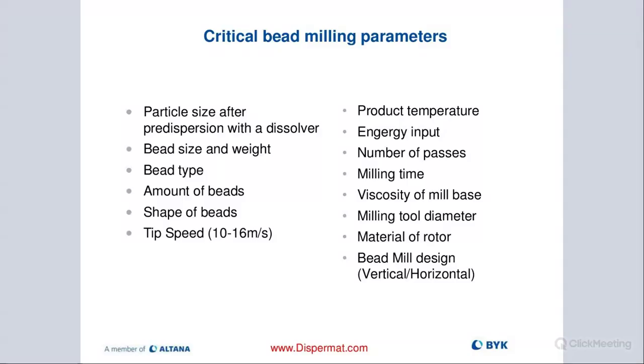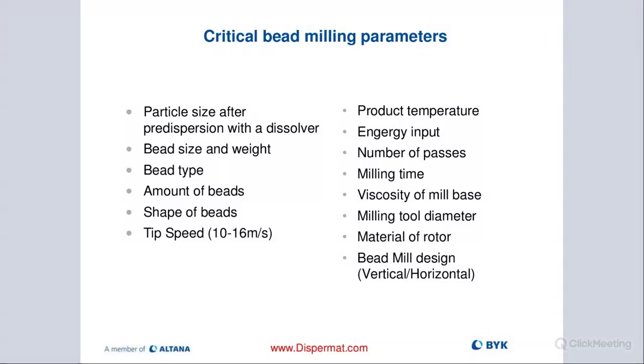The number of passes, how often does it go through my mill or my basket mill or horizontal mill, the overall milling time, the residence time inside of my milling chamber, how long does it actually stay in contact with the beads, the viscosity of my mill base, again, 2 to 5,000 centipoise is optimum, but we can obviously work with different viscosity ranges.